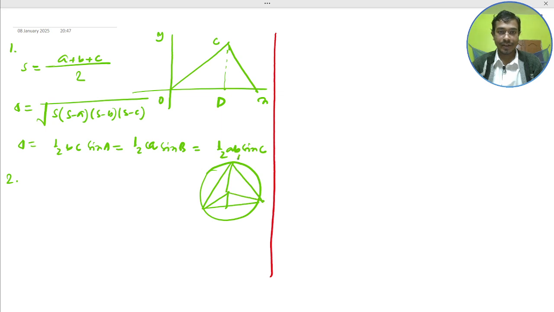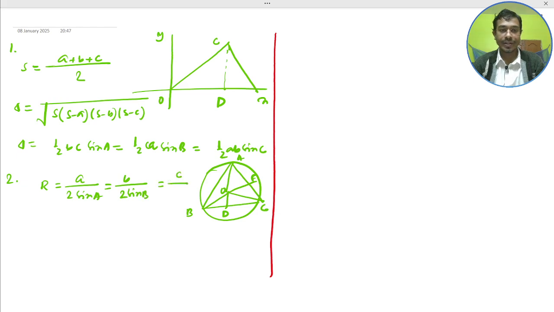So this is A, B, C, D, O, and this is E. Here the R would become a by 2 sin A, equal to b by 2 sin B, equal to c by 2 sin C, and R would also become abc by 4Δ, where Δ is the area of the triangle.